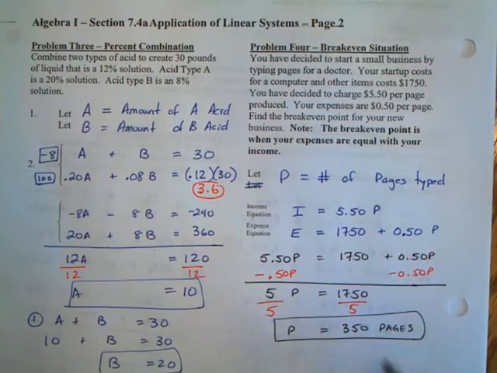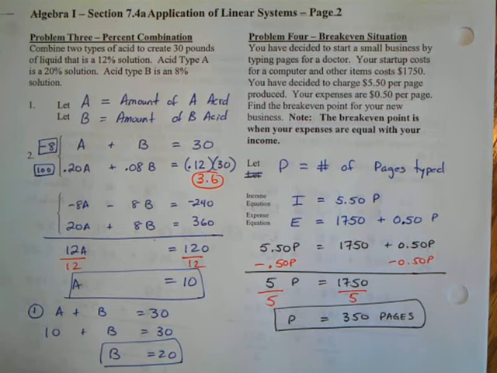So here's a case where we've solved and determined that we have to type 350 pages to break even. Just for more additional information, every page we type past 350, we're going to make $5 on. Where did I get that from? Well, we charge $5.50 and it costs us 50 cents. So we have 350 pages. This concludes this second part.